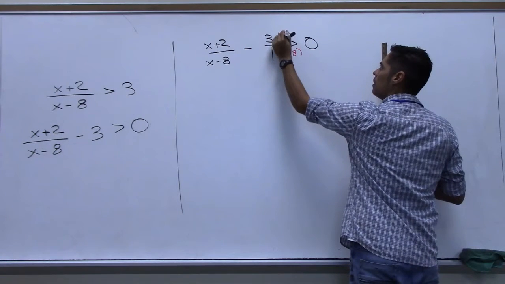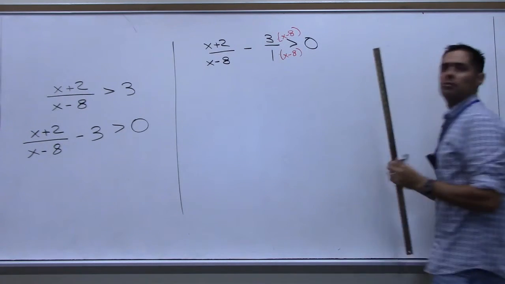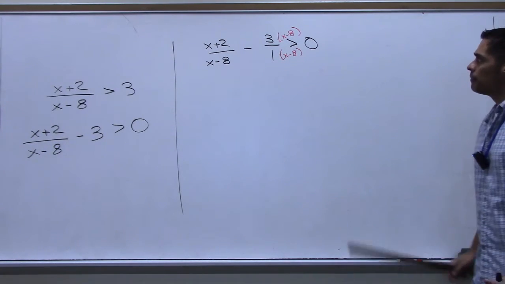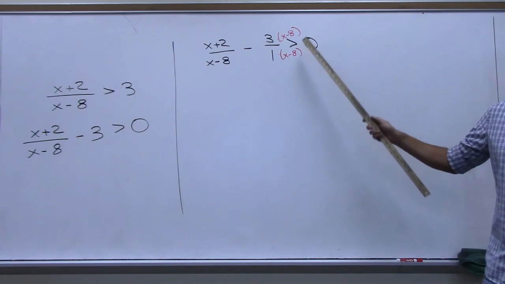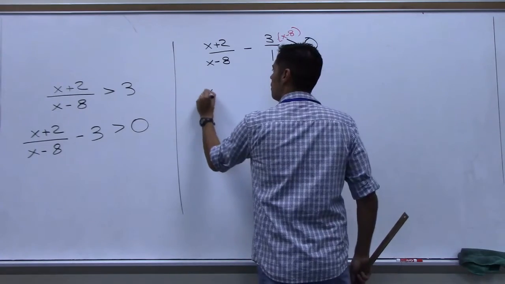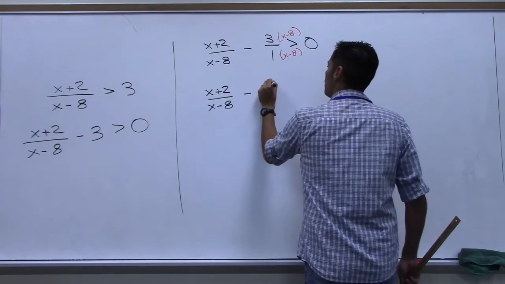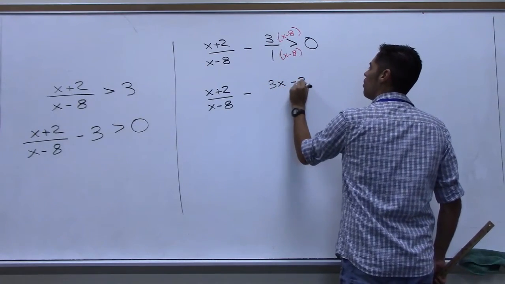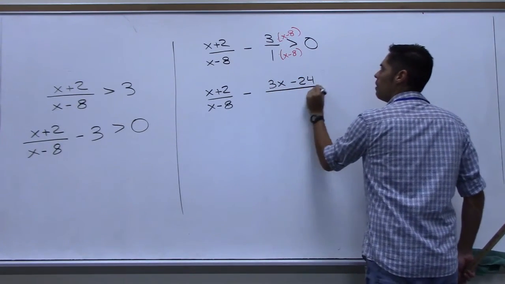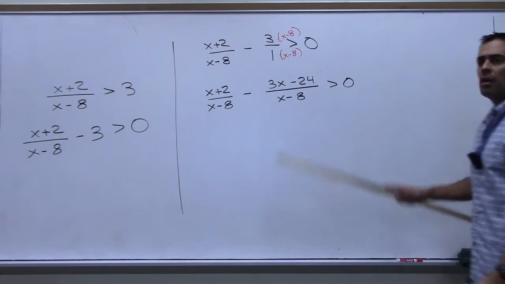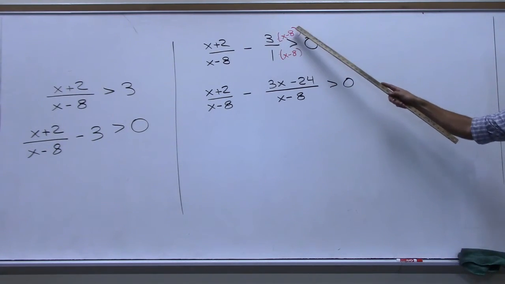There. Y'all understand why I'm doing that, right? Yes. Okay, so I get x plus 2 over x minus 8 minus 3x minus 24 over x minus 8 is greater than 0. So I distributed the 3 through the parentheses there.